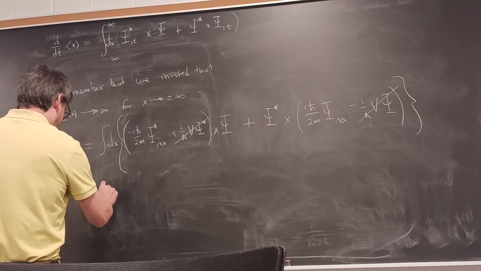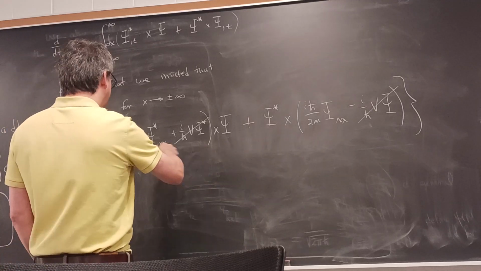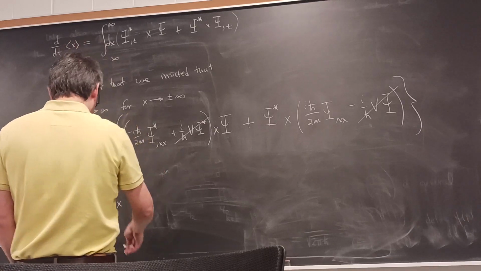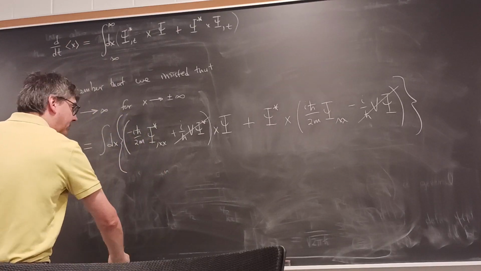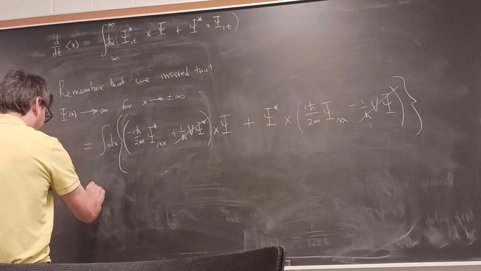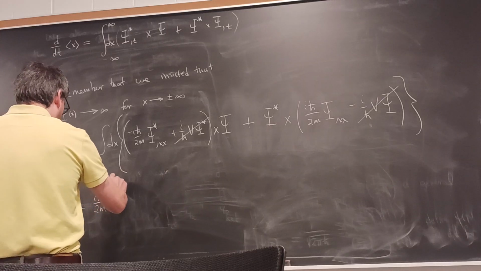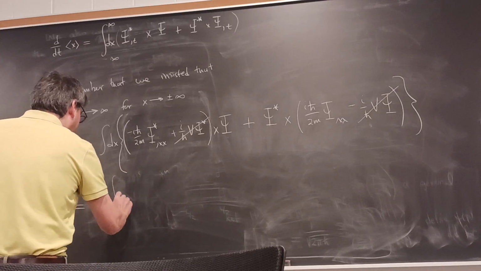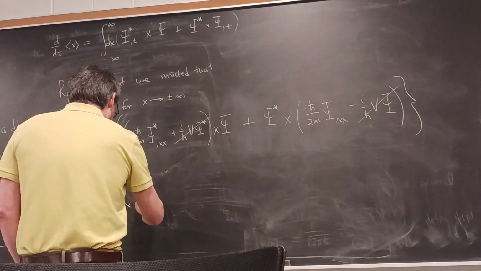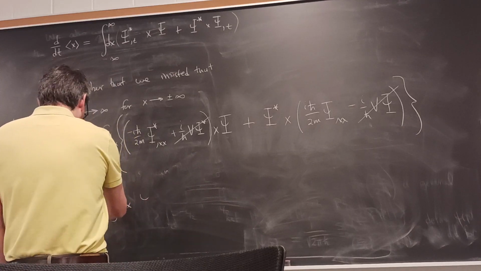We've got the integral over dx. Now I'm going to pull out an i h bar over 2m, dx. So then we'll have, let's pull out a minus.